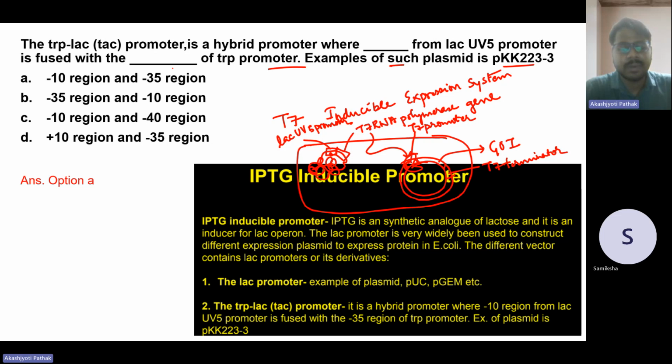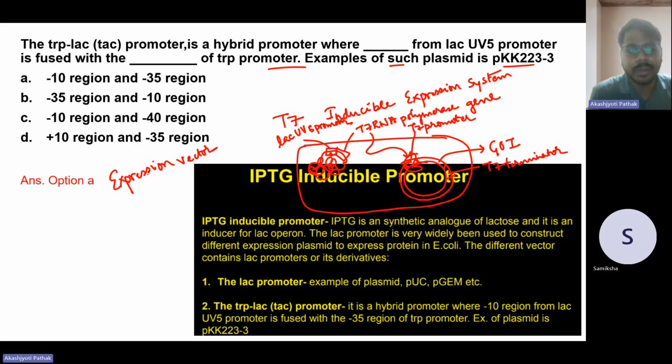The promoter of this vector is a TAC promoter. If you want to express a protein in a host cell, you will clone your gene of interest into an expression vector, and this expression vector has certain requirements.